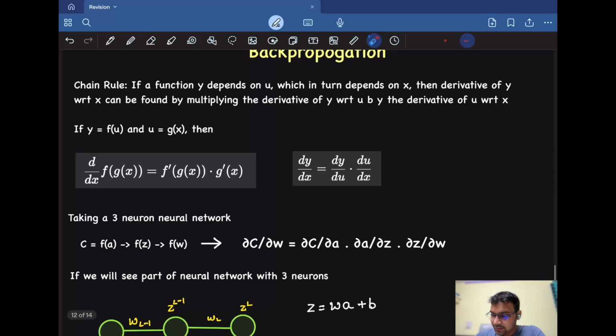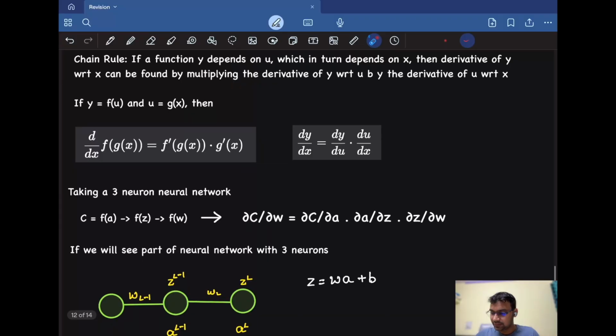So we can find that derivative by first taking y with respect to u, and then the derivative of u with respect to x, and multiplying them. If we want to find the derivative of a function which is again dependent on another function, we find the derivative of the function with respect to g(x), and then g(x) with respect to x. That's how the chain rule works.